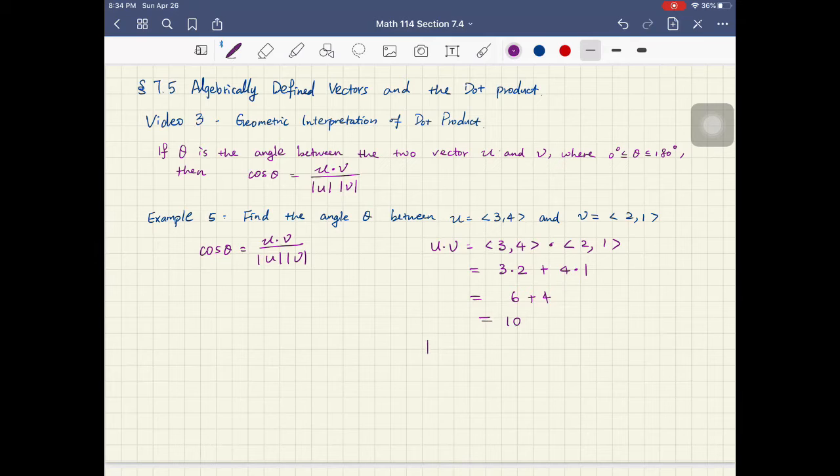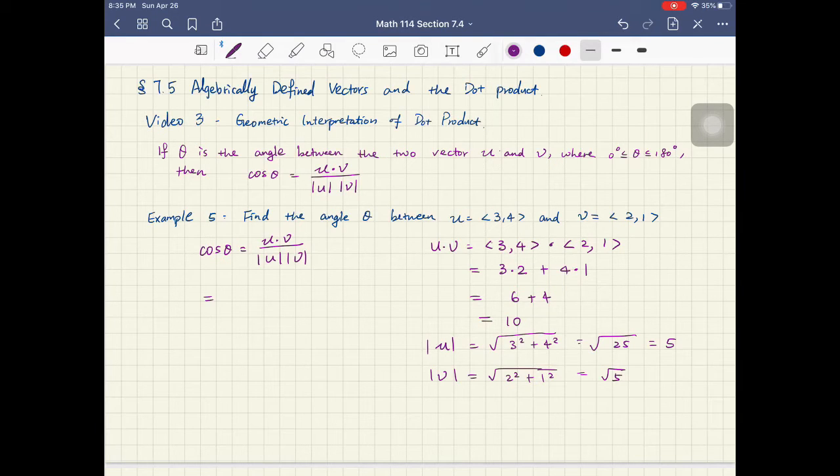Now we're going to find the magnitude of u, which is the square root of 3 squared plus 4 squared, which is the square root of 25, which is 5. The magnitude of v is the square root of 2 squared plus 1 squared, which is the square root of 5. So now we're going to plug everything into cosine theta.